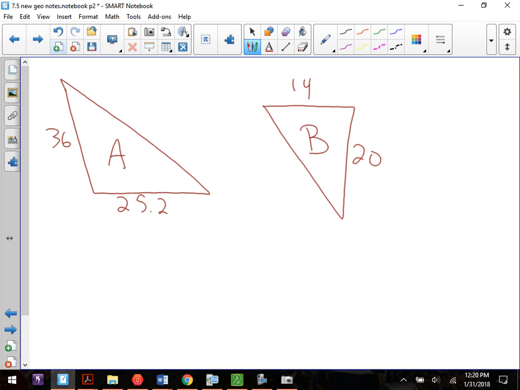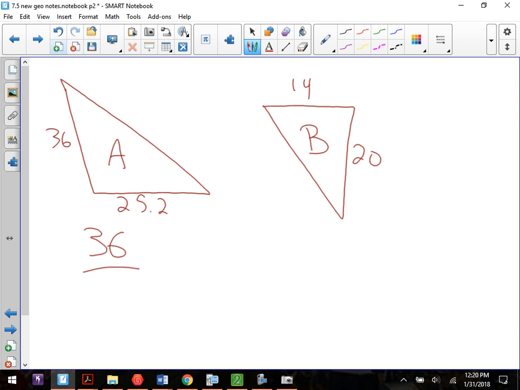We don't know lettering. It wasn't told to us lettering. And since we're only given 2 side lengths, when we're trying to figure out the scale factor, does it matter whether or not you choose the 36 or the 25.2 as your A value? So if I choose the 36, it is to which value on the other one?